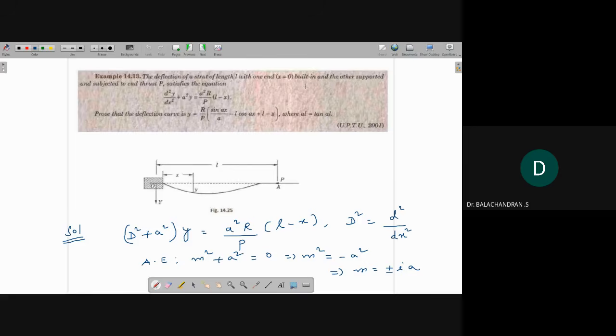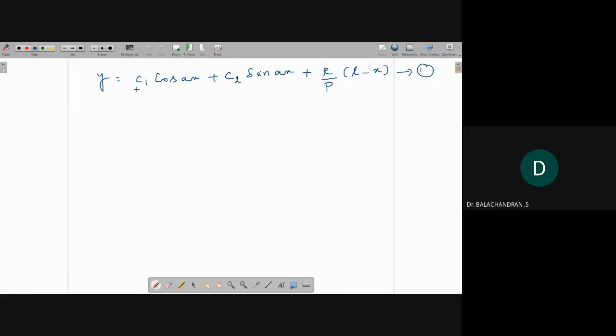So as the end x equal to 0 is built in horizontally, you should tell the condition.